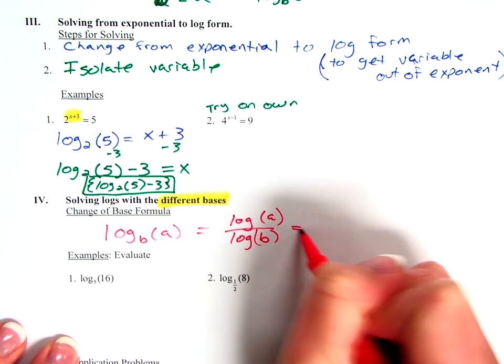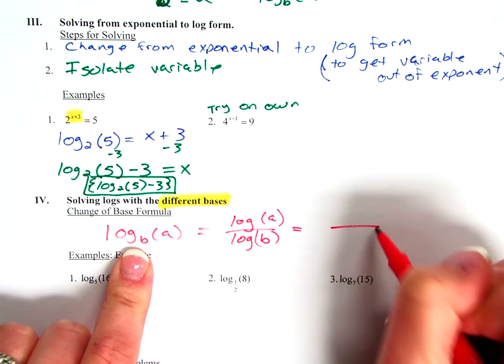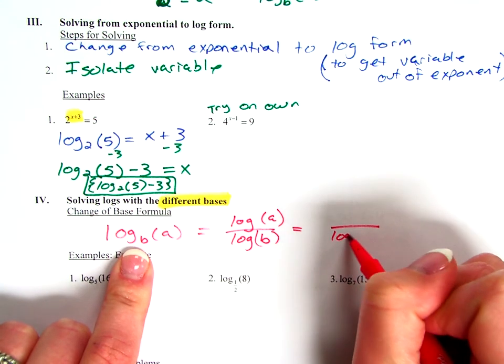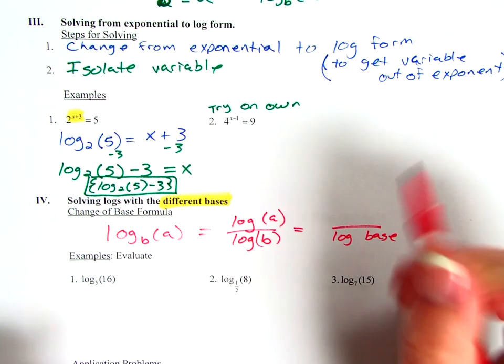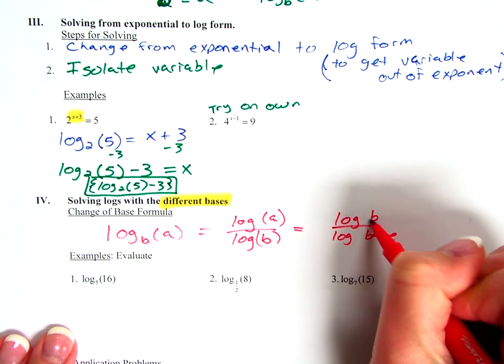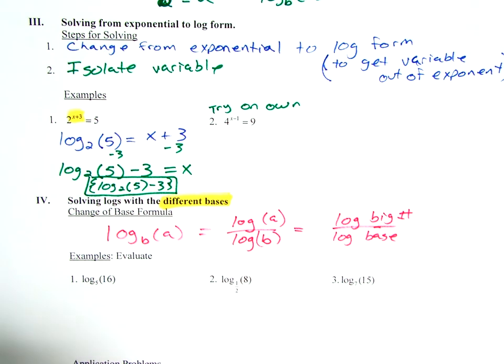The way I like to remember that is, since b stands for base, the base of the equation goes at the bottom, so the log of the base goes on the bottom, and then the big number, the a part, goes on top.